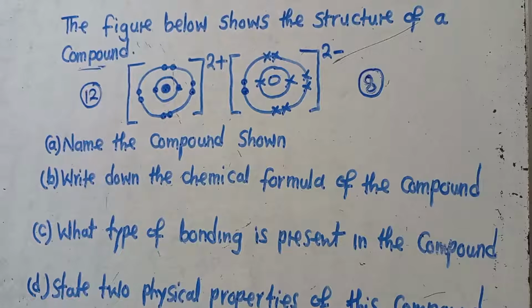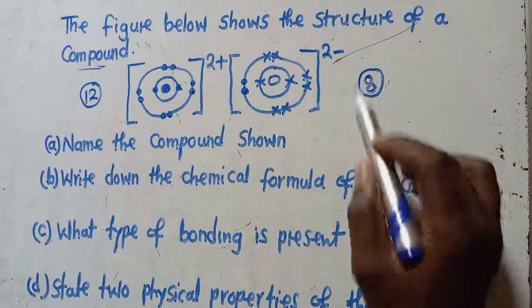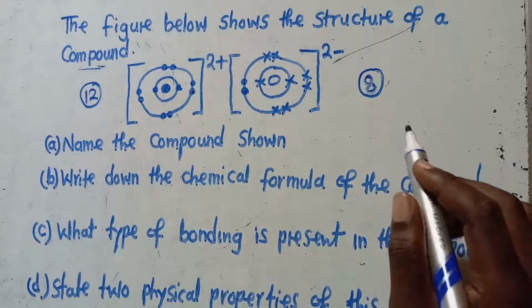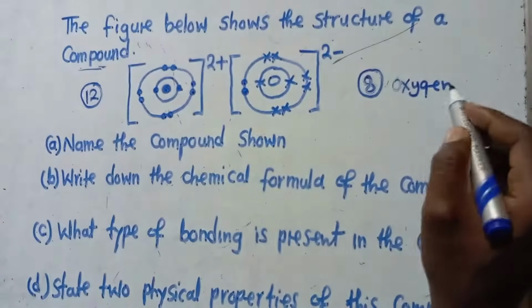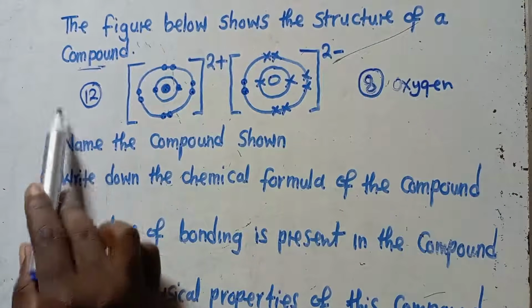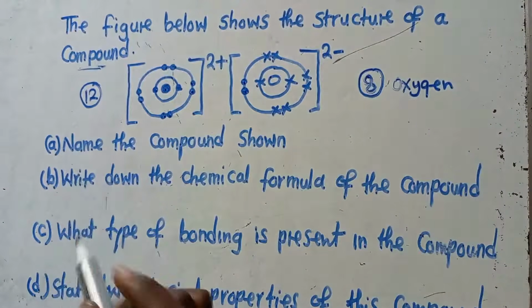You check on the periodic table. Whenever we are talking about neutral atoms, the number of electrons is equal to the number of protons. On the periodic table, which one has got 8 as the proton number? It is oxygen. Which one has got proton number 12?